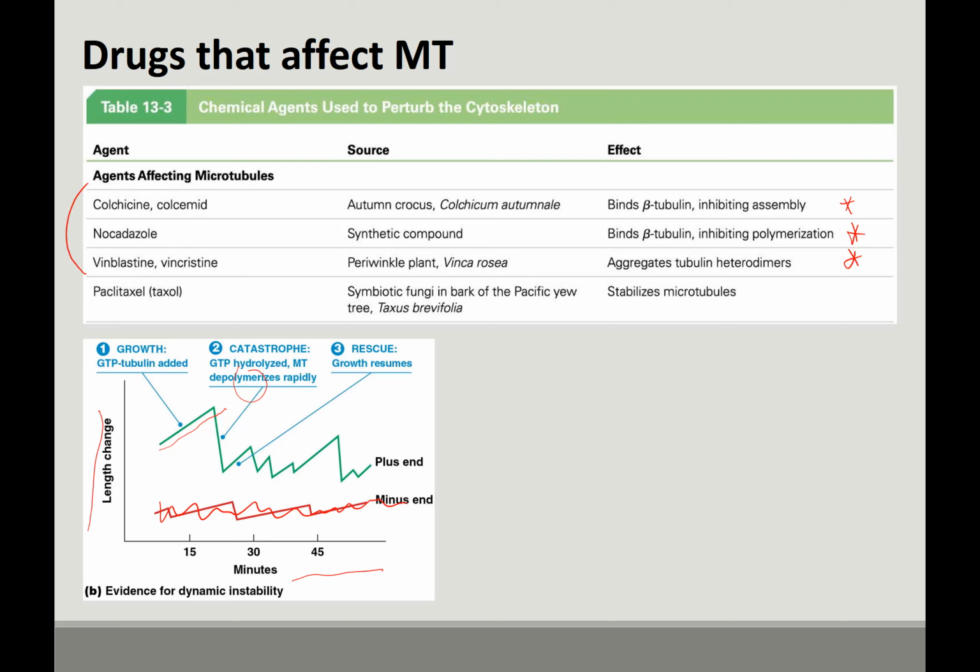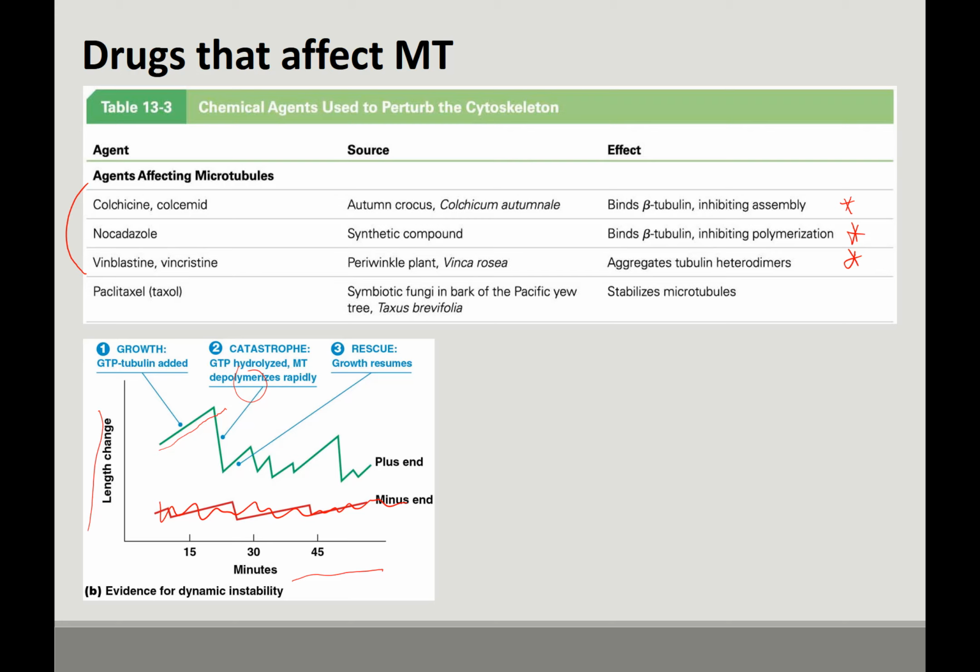Because remember, and let me peek at my slides, we'll talk about this in a minute. Remember, if there's not new tubulin to be put on the plus end, the minus end can keep being lost, and the plus end can also be lost when there's not this GTP cap, which we're going to talk about.